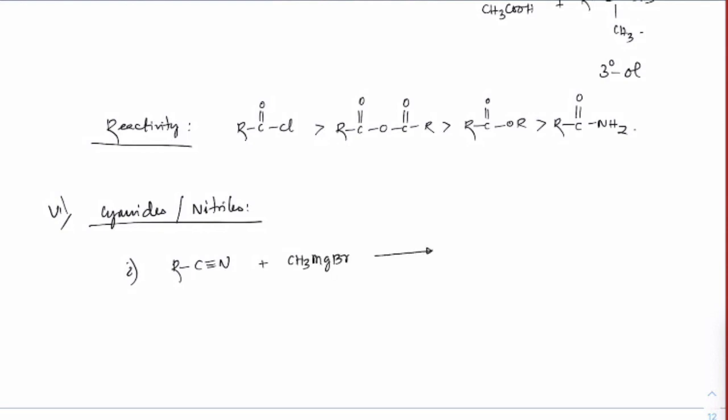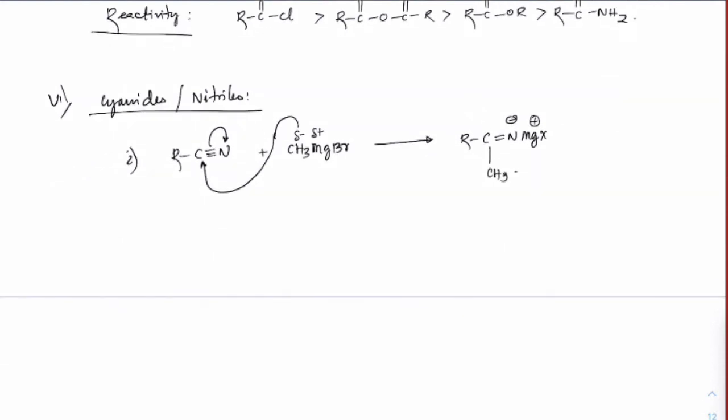Now in this CH3, which is delta minus, and N plus here, so this would attack on carbon, we will get C double bond N minus MgX plus and CH3. This is what you will have. Now this C is not going to get resonance stabilized, N minus is not going to get resonance stabilized here.